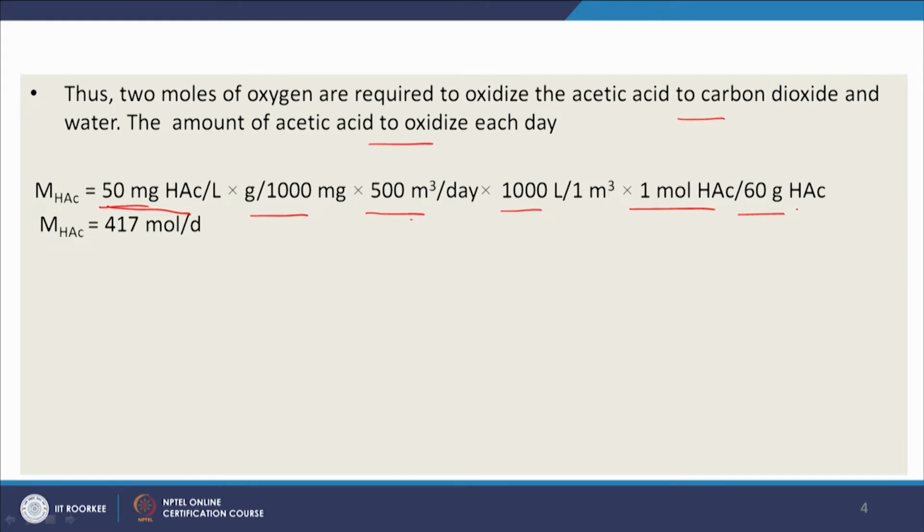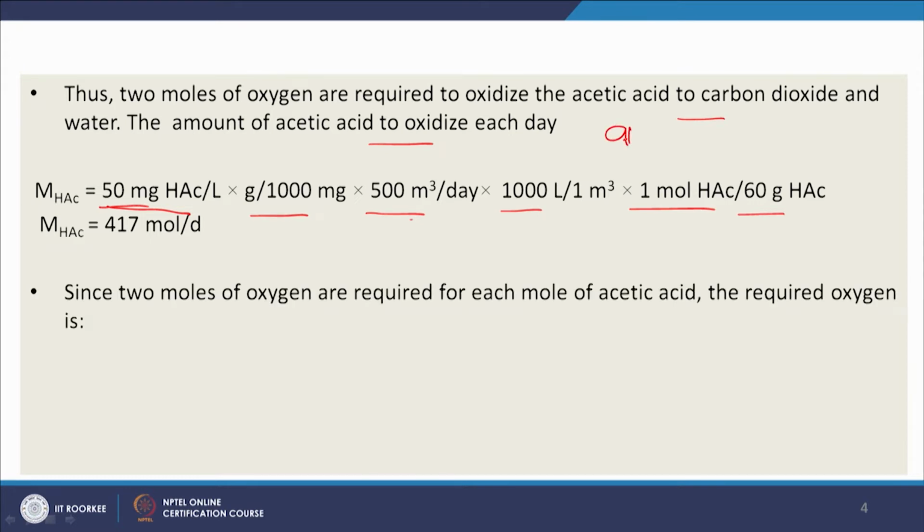Acetic acid, you see, is CH3COOH. So it is 12 plus 3 plus 12 plus 2 into 16 plus 1, which is 12 plus 3 plus 12 plus 32 plus 1, equal to 60.